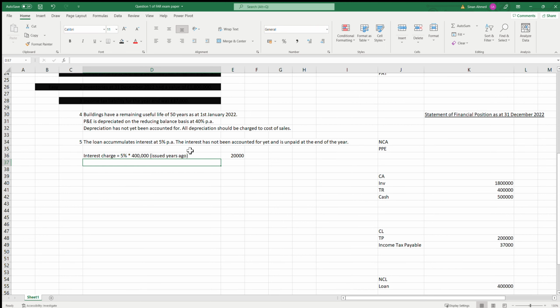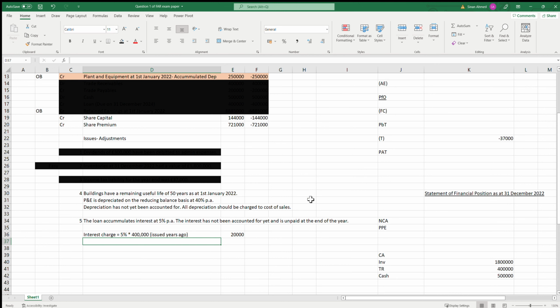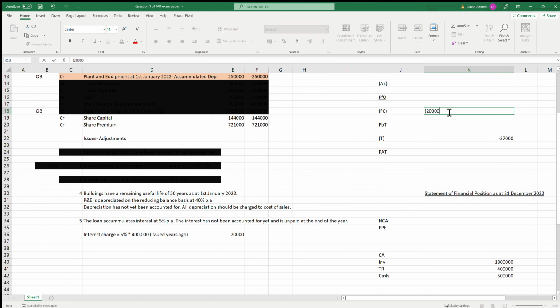Okay, so I'm assuming the 400k issued years ago. I know you'd probably be given more information in the exam question, but I'm more focusing on the exam technique. Okay, so we've got an interest charge, so that means that we have finance cost. Okay, and we put the 20,000 here. Right, even if this figure hasn't incorporated everything, I'm going to get a mark or so by just putting it in.